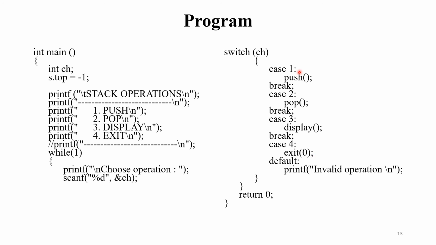If we enter case 1, then we add an element to the stack. If we choose 2, then we delete an element from the stack. If we choose 3, then display the elements. And if we choose 4, then the program stops. The default case is printf invalid operation, return 0.